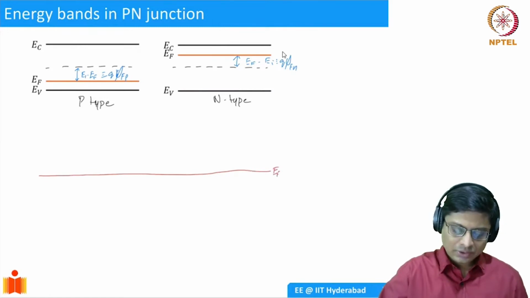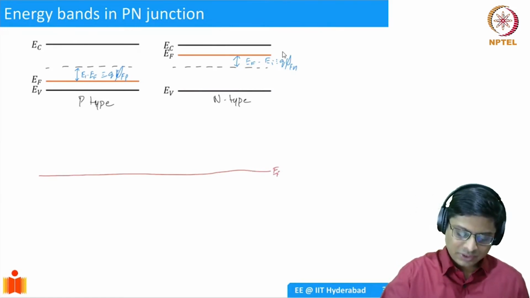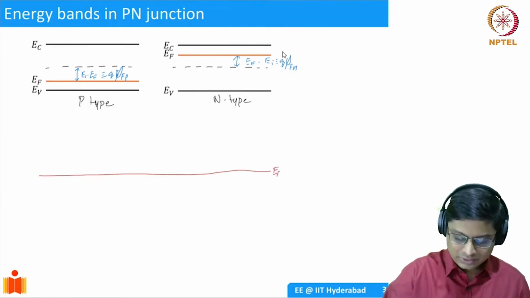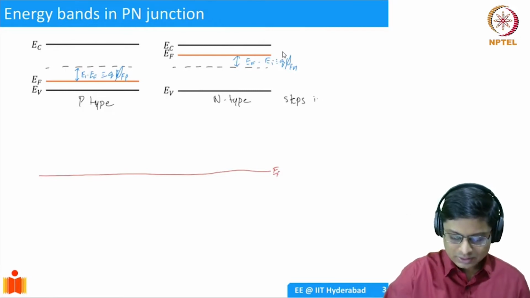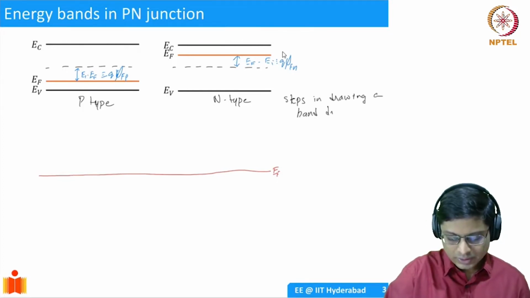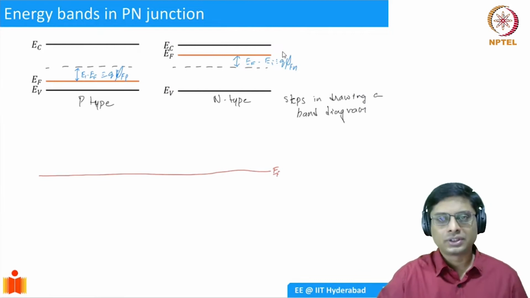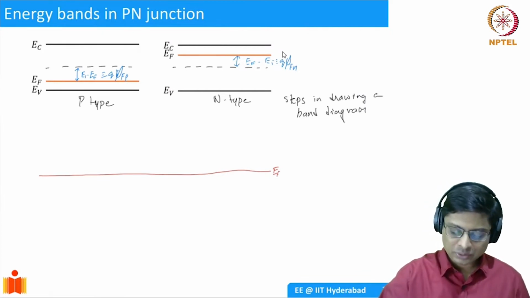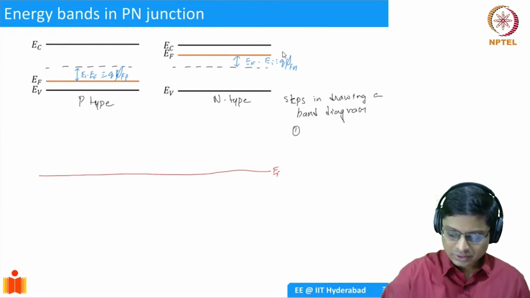I'll also list the steps in drawing a band diagram. Any band diagram, you need to follow this. This is the easy way for you to draw them without any difficulty. The first one is to draw EF at equilibrium.